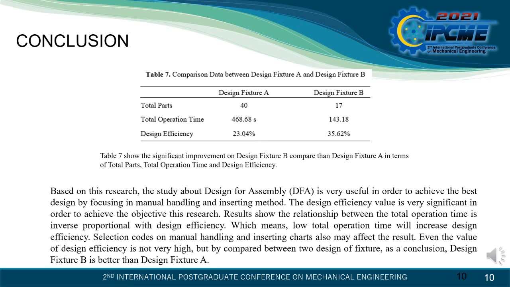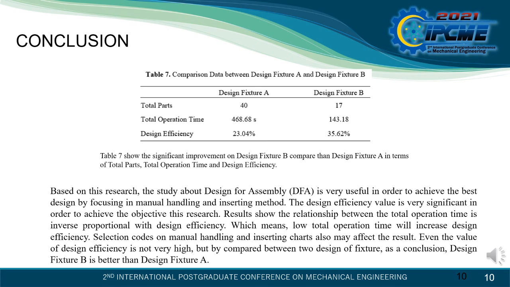As a conclusion, we can say that the study of design for assembly is very useful in order to achieve the best design by focusing on the manual handling and insertion method. The design efficiency value is very significant in order to achieve the objectives of the research.